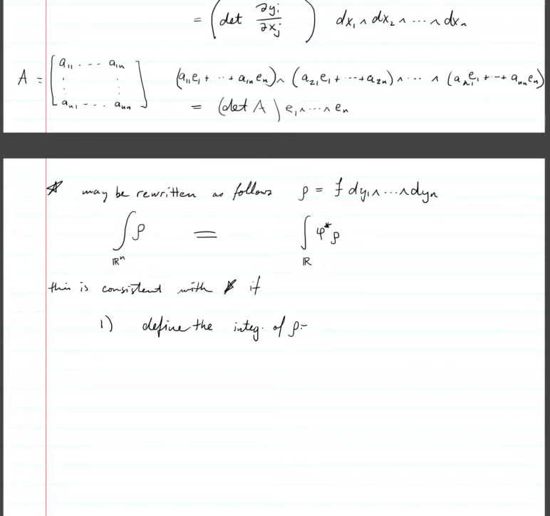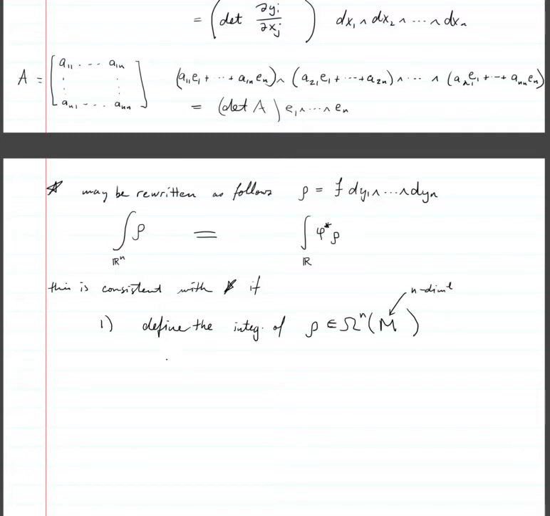If we take an n form, any n form can be written like this. Let me write it this way. Define the integral of rho, which is an element of omega n, of an n-dimensional manifold. We'll assume that M is n-dimensional.